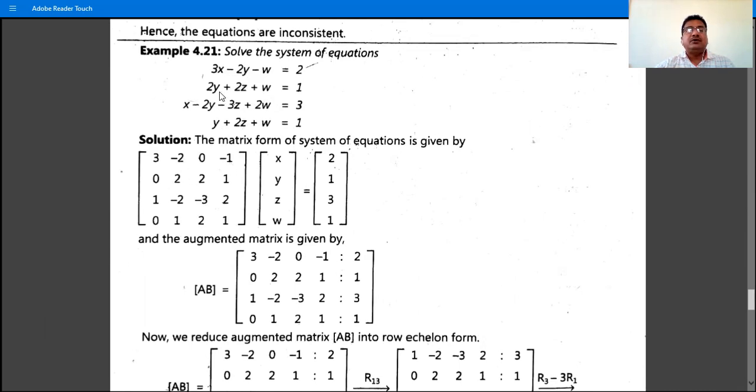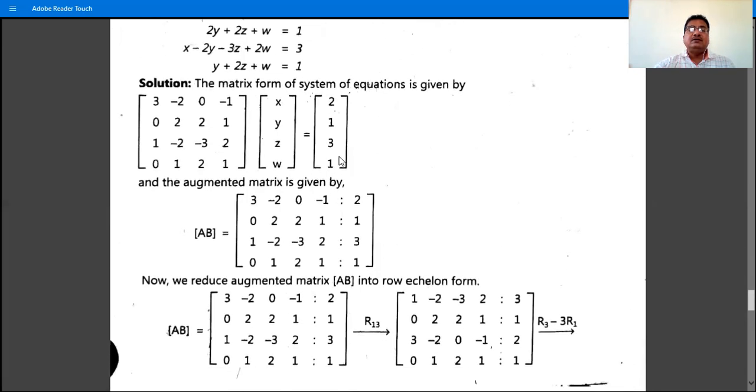In the second equation, the coefficient of x is 0, the coefficient of y is 2, the coefficient of z is 2, and the coefficient of w is 1. Similarly, write the coefficients of x, y, z, w in the third equation and in the fourth equation. Then the column matrix of unknowns x, y, z, w is equal to the matrix of constants 2, 1, 3, 1.